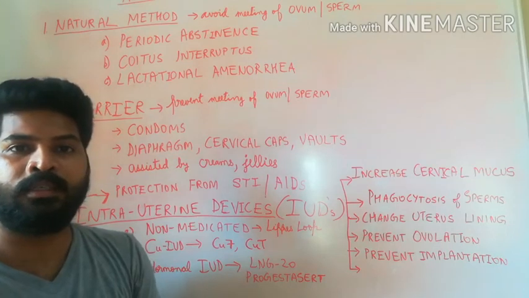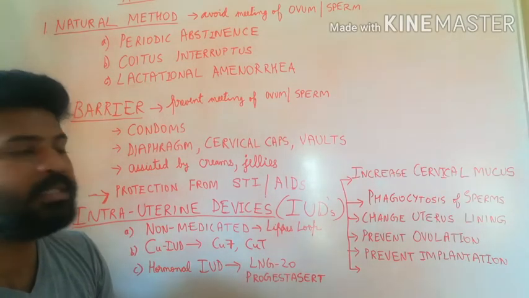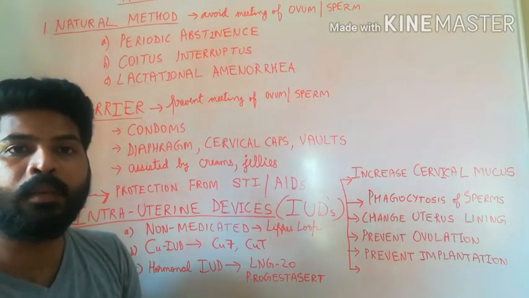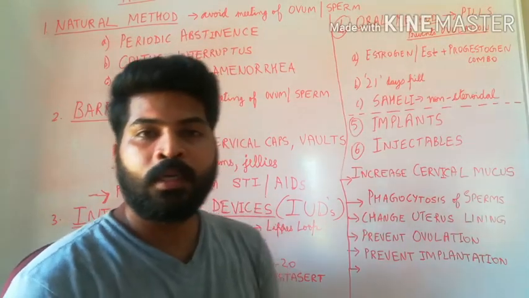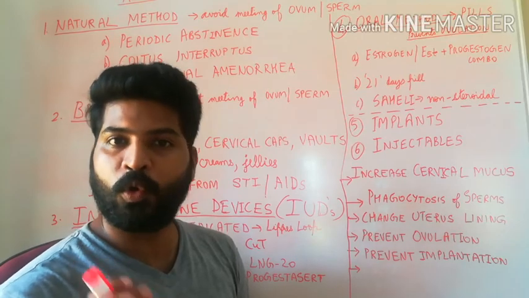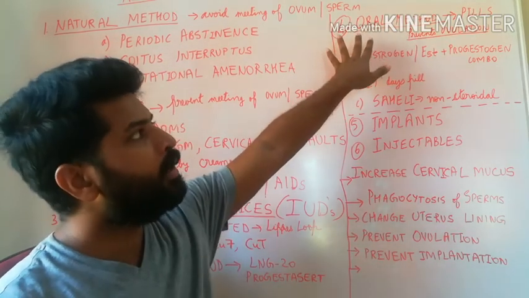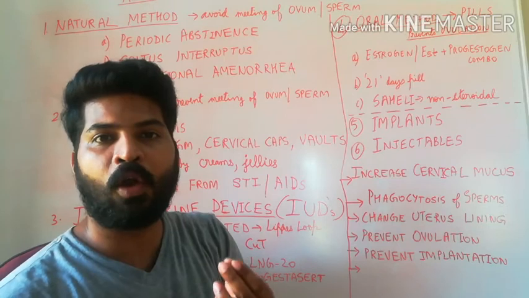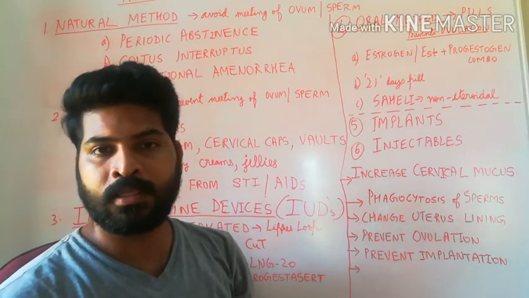The next type of contraceptive device available is the oral pill method. So in the oral method, this is meant for females only. The female takes certain tablets called oral pills.